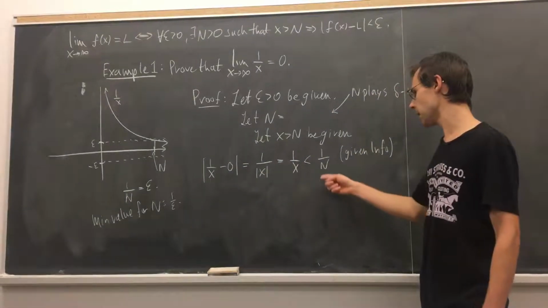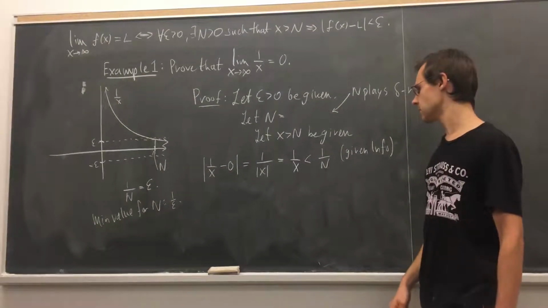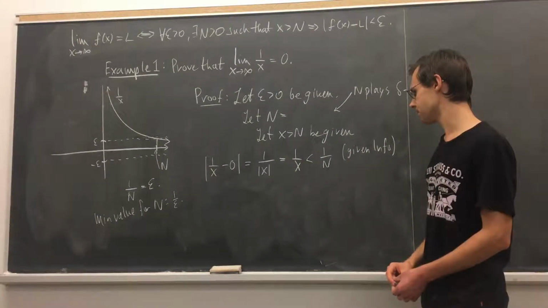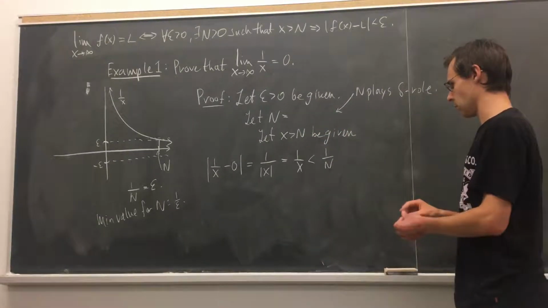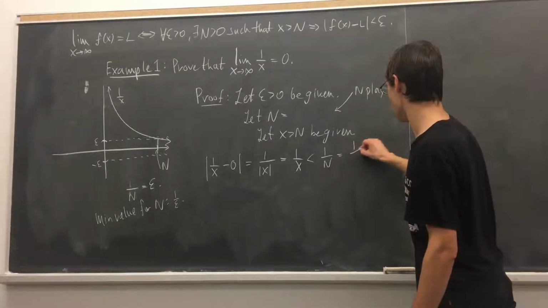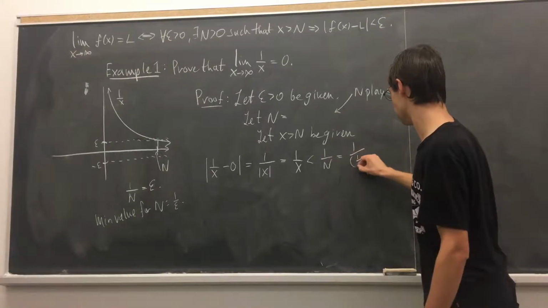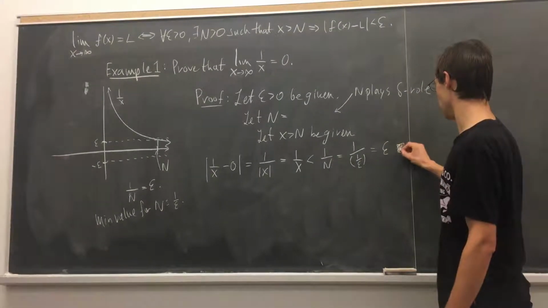Here, similarly, we pick an N such that we're going to have epsilon in here. And as you can see, what value of N works? 1 over epsilon. So maybe I should erase this just to put everything on one line. If we pick N to be 1 over epsilon, here we're going to have 1 over 1 over epsilon, and that's going to be equal to epsilon. And the proof is going to be done.